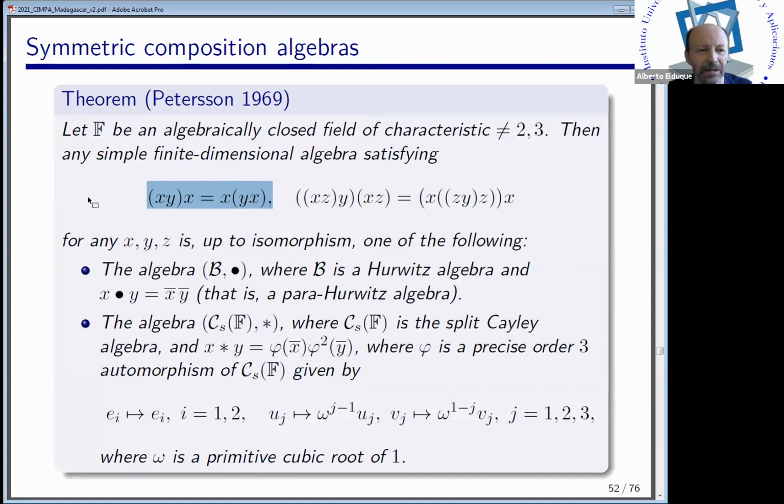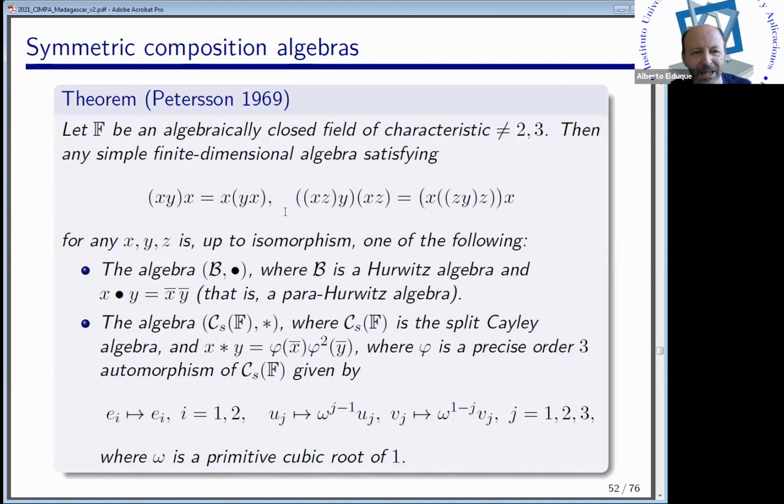Petersson, studying some classes of flexible algebras, considered this class of algebras. This identity is natural if one thinks about the quadratic operation that appears in Jordan algebras.